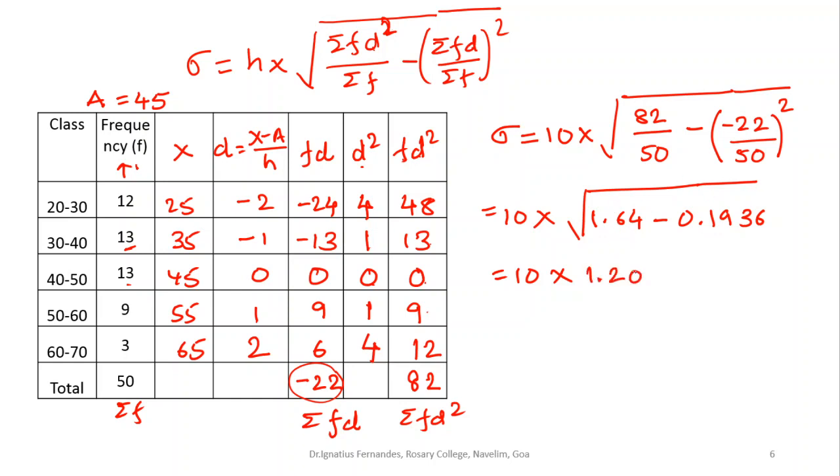What I get is 1.203, multiplied by 10 gives me 12.03, and this is exactly the same answer we found by the first formula of standard deviation. So this is called the step deviation method or assumed mean method to calculate the standard deviation and the arithmetic mean. Thank you.